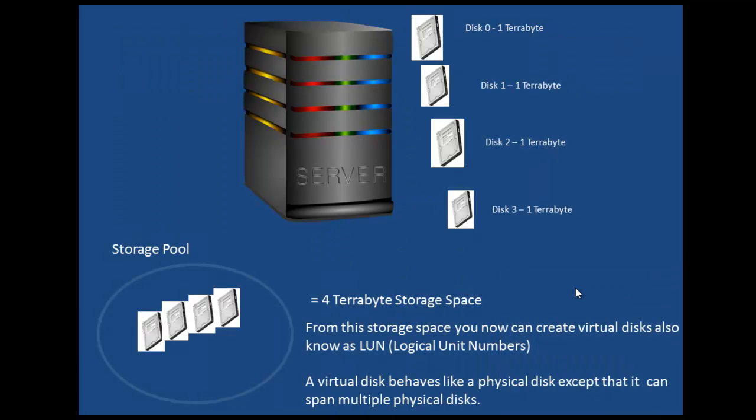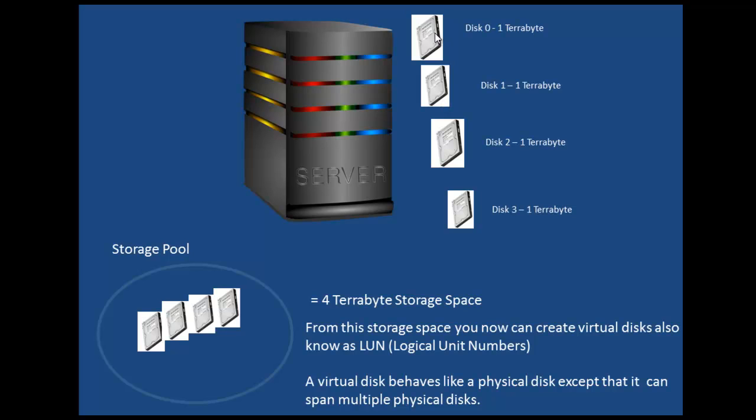Let's look at this example. Here we have a server. Let us say that we have 4 disks that we want to attach to the server. You have disk 0 first, disk 1, disk 2, and disk 3. 4 hard drives. What we want to do with those drives is to add them to what we call a storage pool.